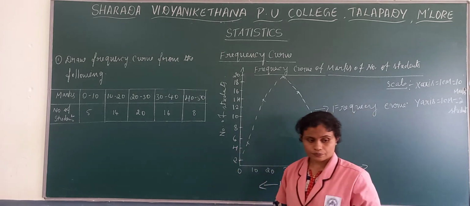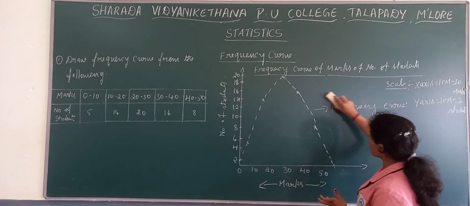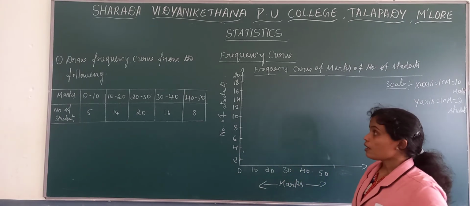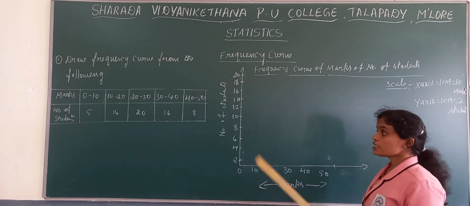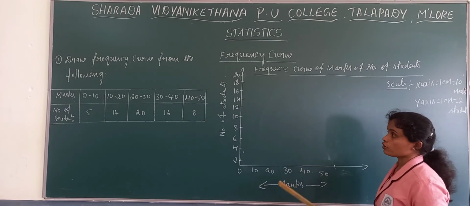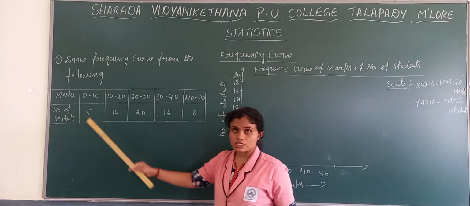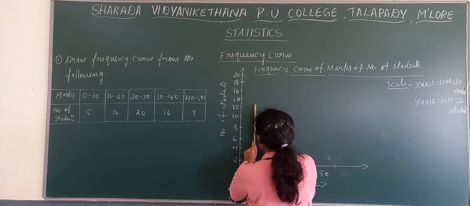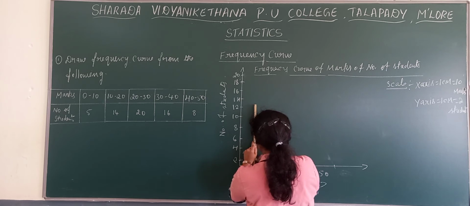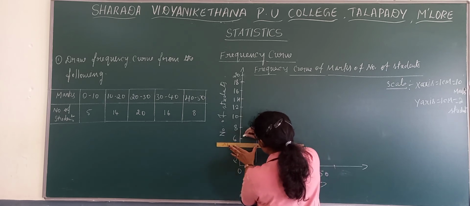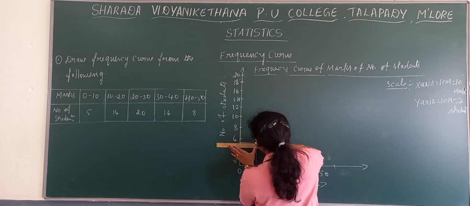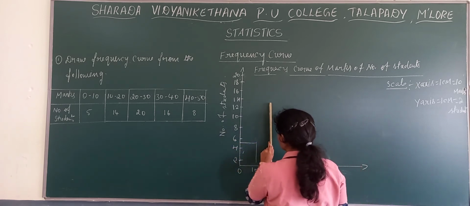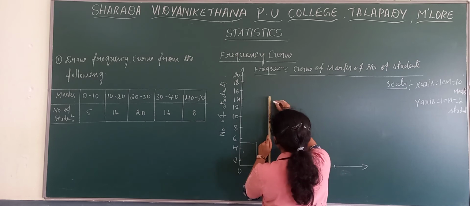Now with this we can see one more possible question, that is a histogram, frequency curve and frequency polygon. We'll draw the histogram for this. 0 to 10 it is 5. Next, 10 to 20 it is 14.